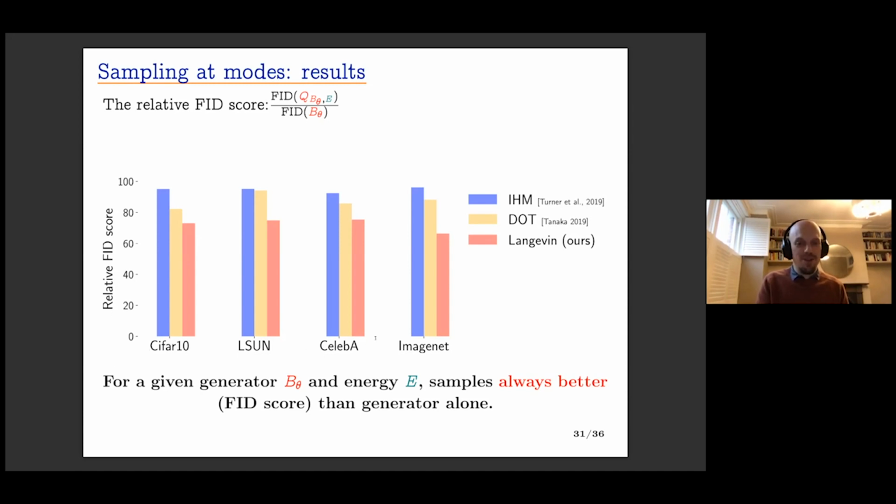This is for 4 different image data sets. 100 is what you would get if you just use a generator, nothing else. The orange bars are what we get using our method, which incorporates the energy function. These other approaches are not based on energy-based models, but also try to use the critic to improve the generator samples. But we believe that incorporating the critic function into an energy-based model is a better approach to improve the samples.